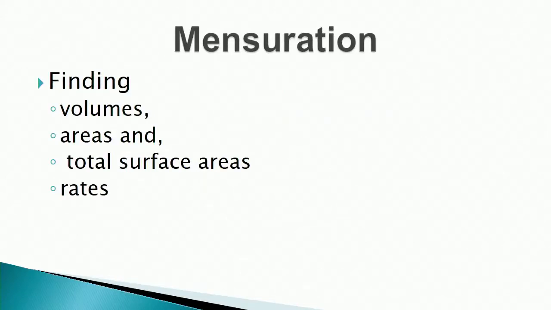The other topic is mensuration. For mensuration, you should be able to calculate volumes, areas, and total surface areas of different shapes and different solids. Also they can ask you to find the rate of something, for example the rate at which water is flowing through a pipe, and so on.